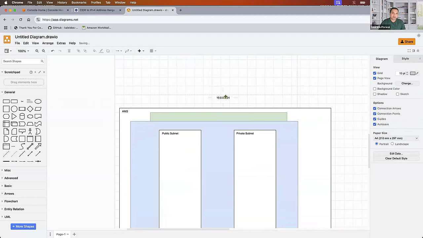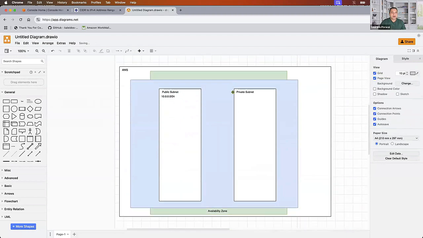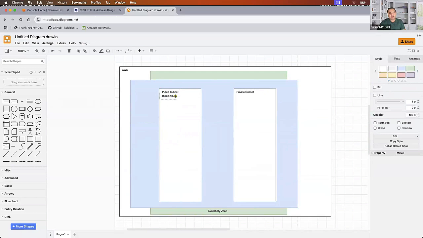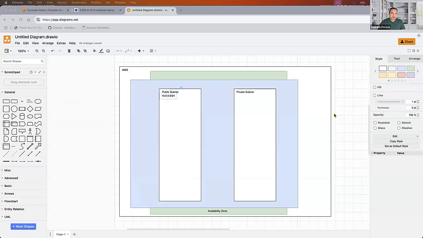Now let me explain what that means. If you see in this diagram, a subnet has a range of IPs. A subnet comprises your CIDR block, and a CIDR block is divided into your IP address and your subnet mask. Now, let me explain what this IP address and subnet mask mean.